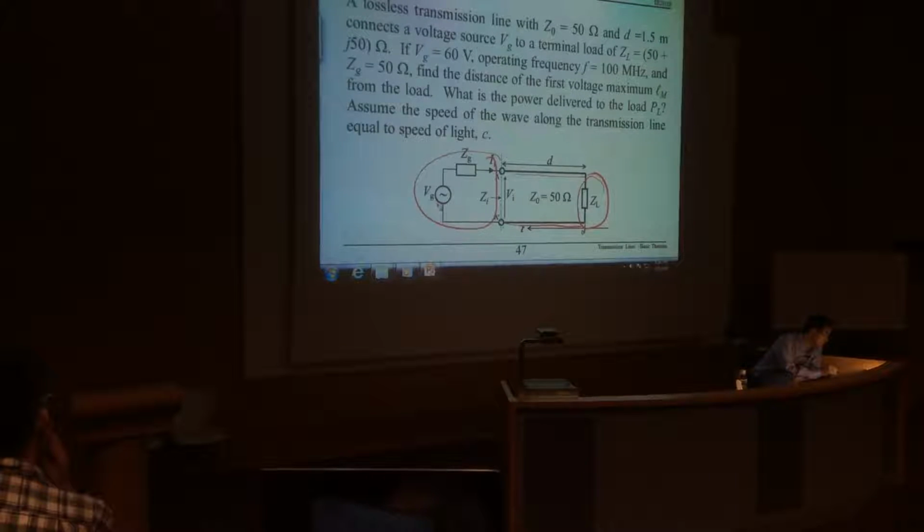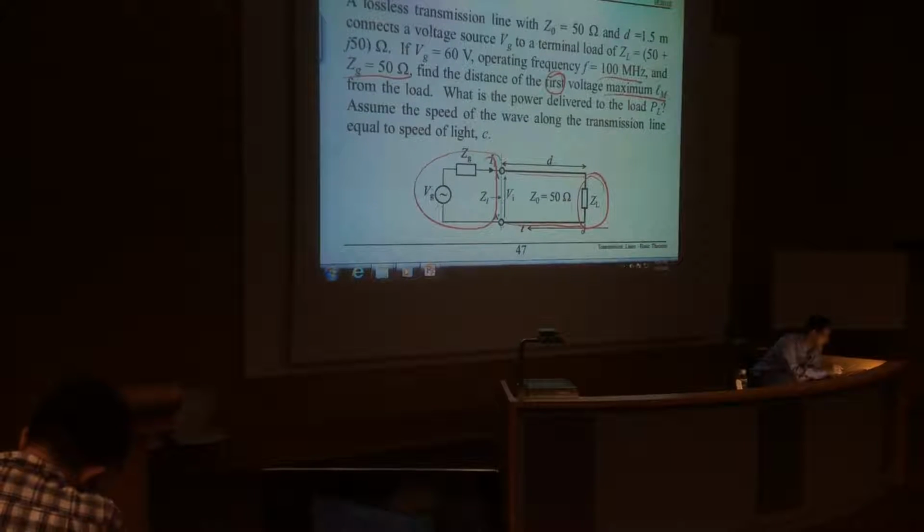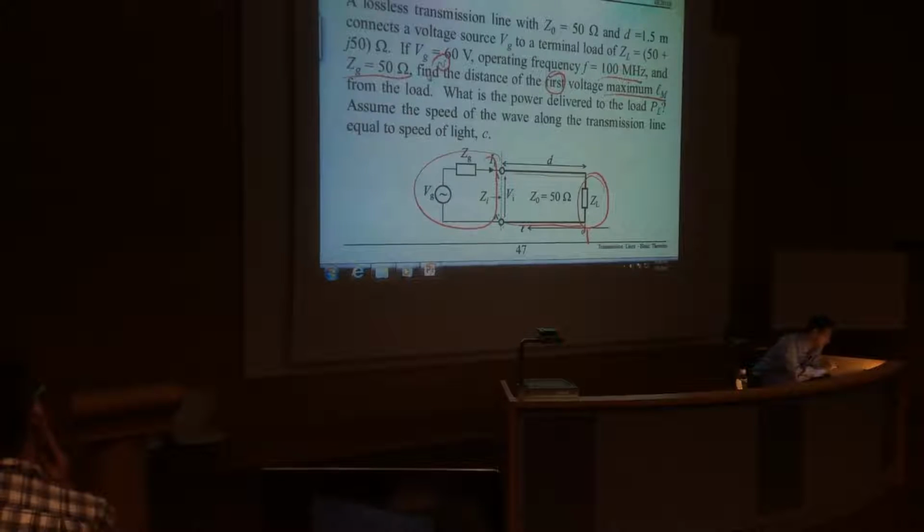The voltage is 60 volt, the operating frequency is given, and the source impedance is also given. Find the distance of the first voltage maximum from the load. This is question 1.